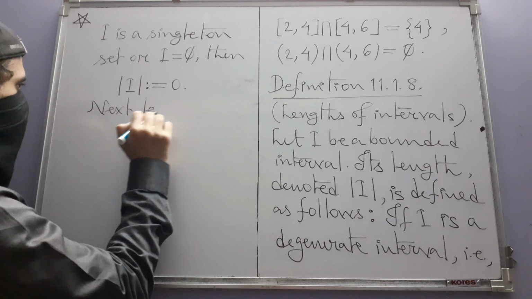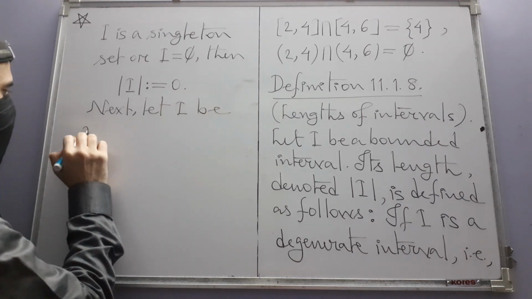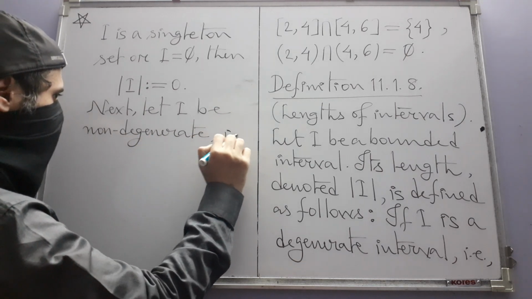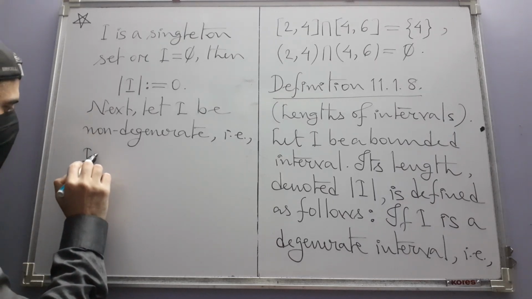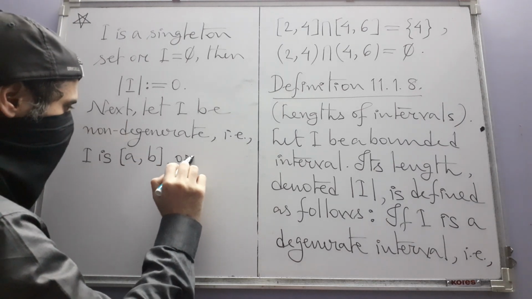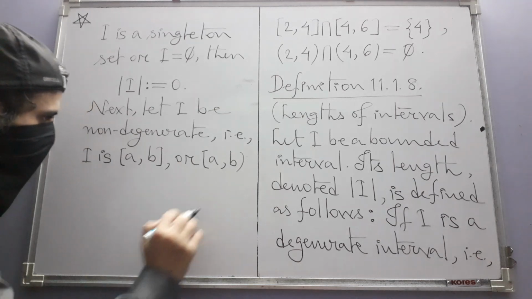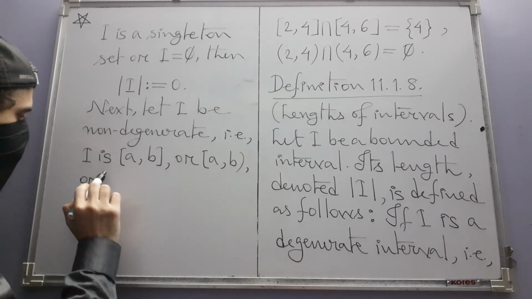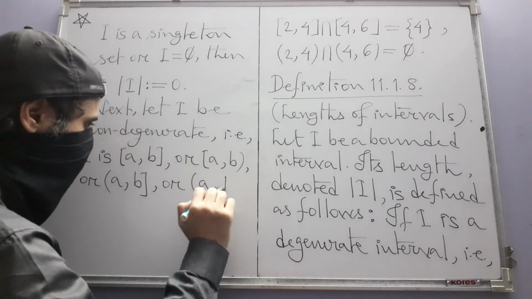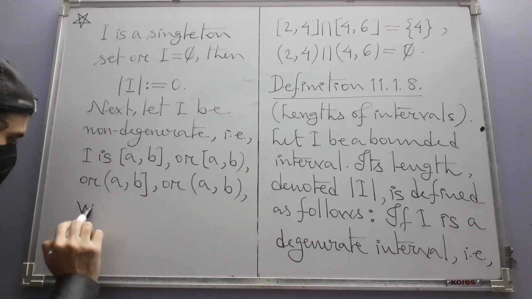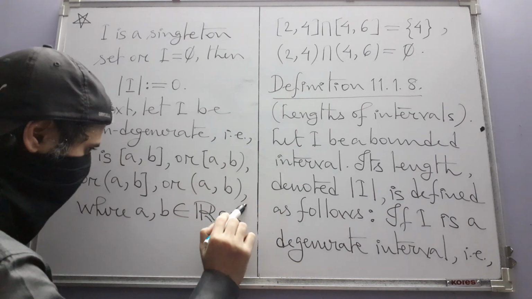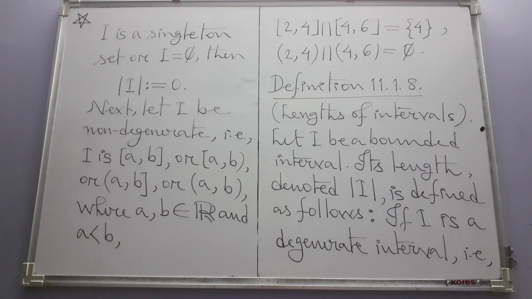Next, let I be non-degenerate, i.e., I is a comma b closed interval, or closed open interval a comma b, or open closed interval a comma b, or open interval a comma b, where a and b are real numbers and a is less than b.